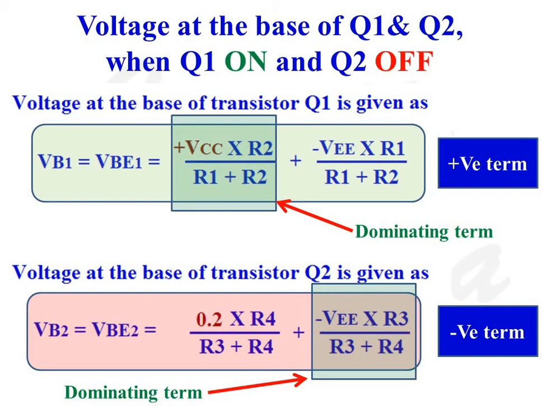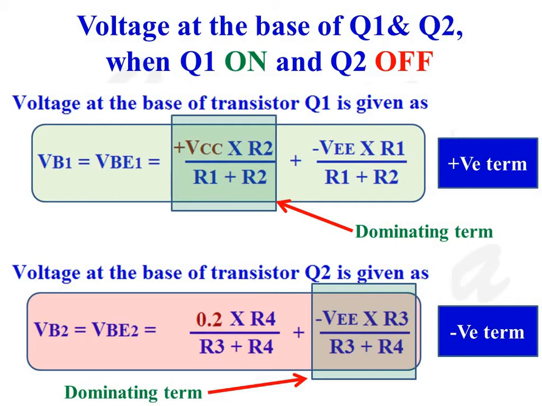Voltage at base of transistor Q2 is given as VB2 equal to VBE2 equal to V02, which is equal to 0.2 volt into R4 divided by R3 plus R4, plus minus VEE into R3 divided by R3 plus R4. And this term is a negative term, as the second term is the dominating term.